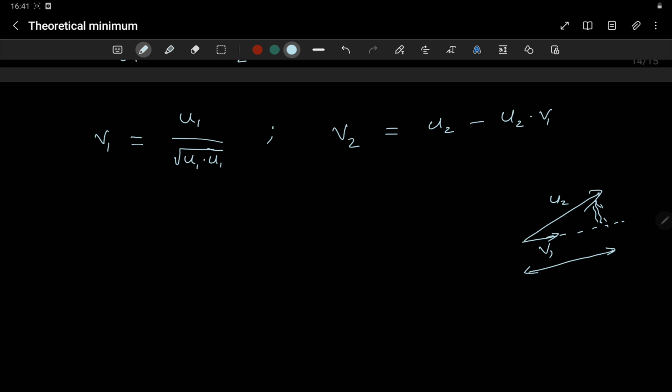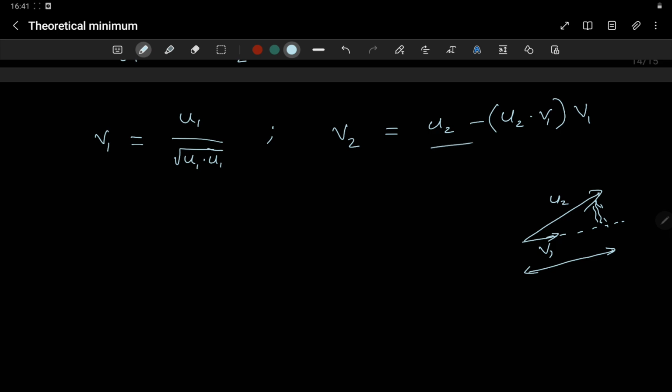So I can write it like this, where this is a scalar and this is a vector, so together it's a vector. If you calculate, you get this part, but that's not normalized.